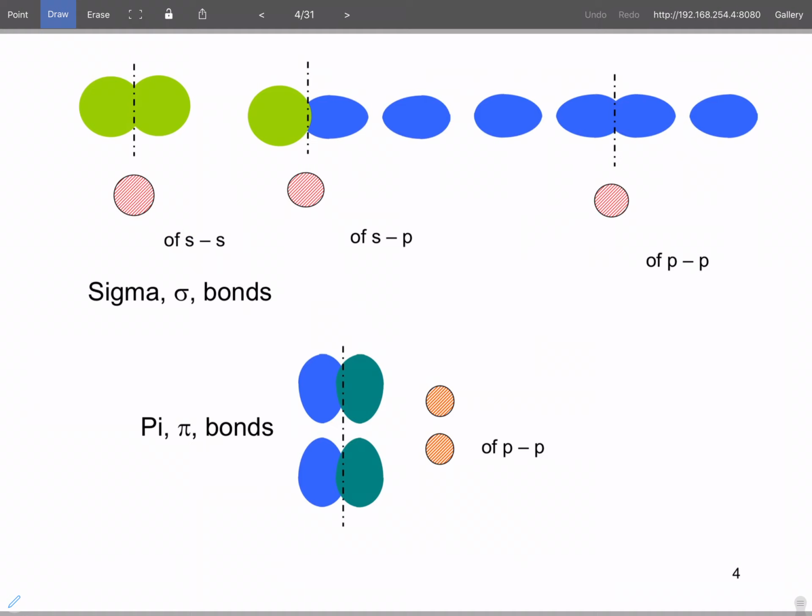So let's look at the overlap. Well, the s orbitals will overlap, and if you draw a line through the bond, you're going to get this circular overlap. So these are all circular overlaps.